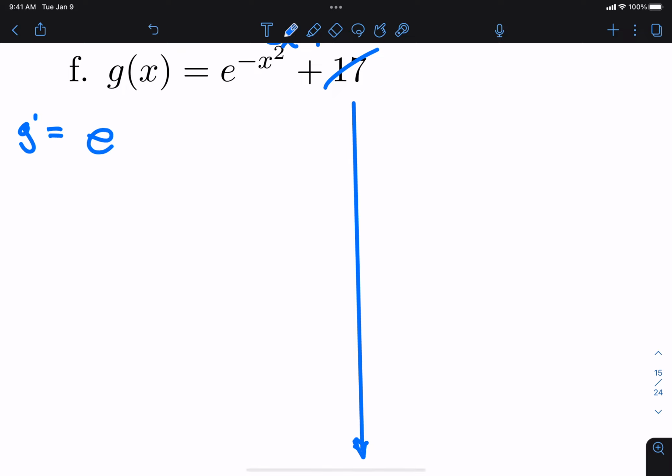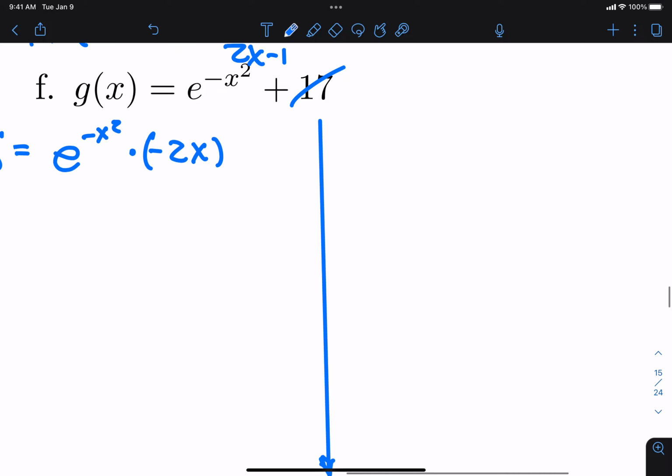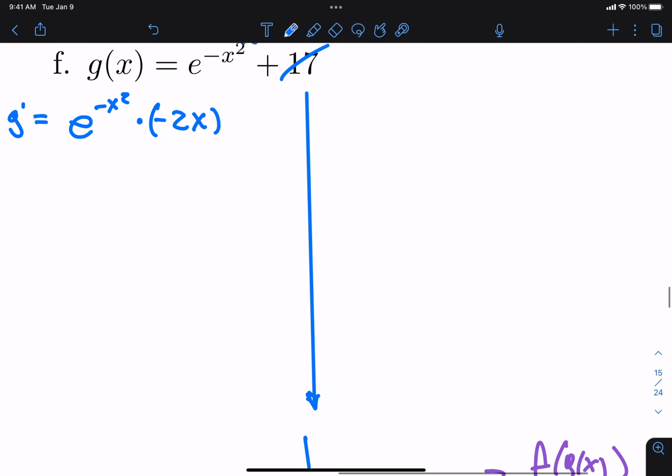So this is just going to be e to the minus x squared. And then I have to multiply by the derivative of negative x squared, which is negative 2x. Okay, so that's the fast way. Let's do it the slow way now, because not everybody is ready for that yet.